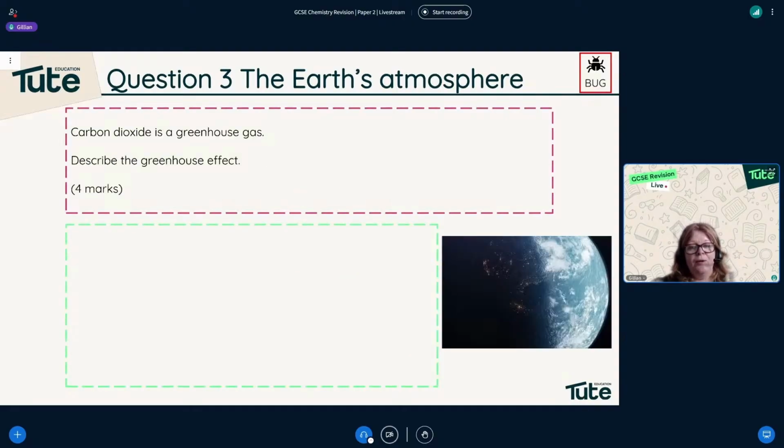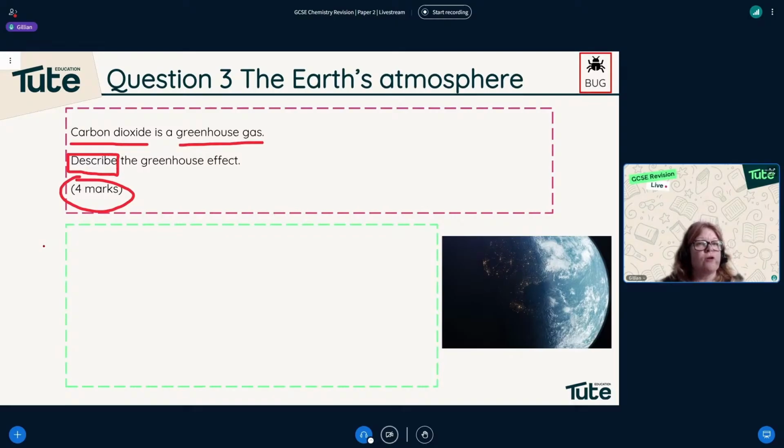Okay, now moving on to this 4-mark question here. Carbon dioxide is a greenhouse gas. We need to describe the greenhouse effect, and this is a 4-mark question. So again, this command word, don't get mixed up with describe and explain.